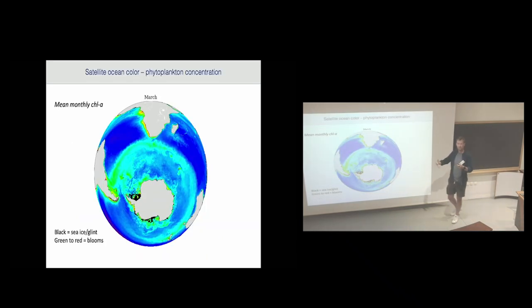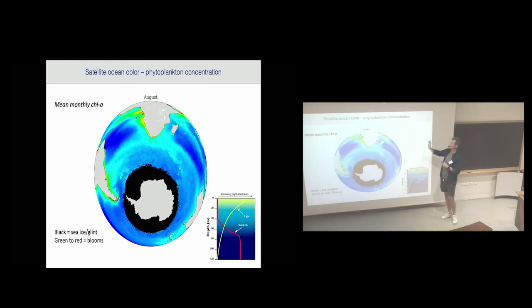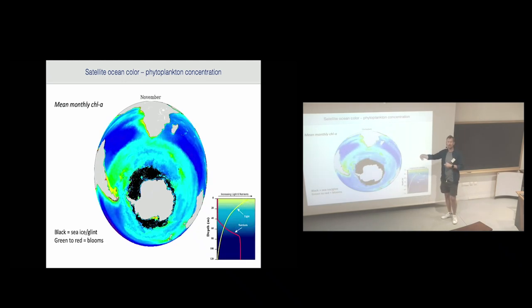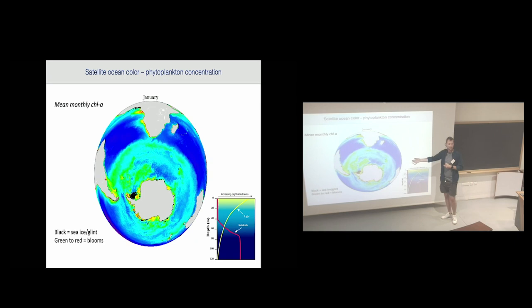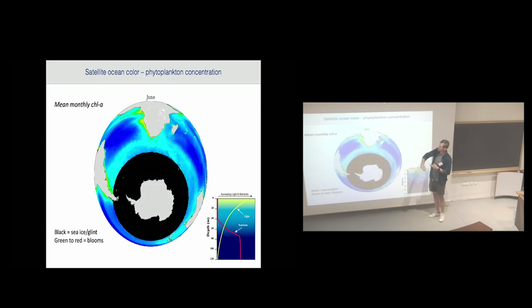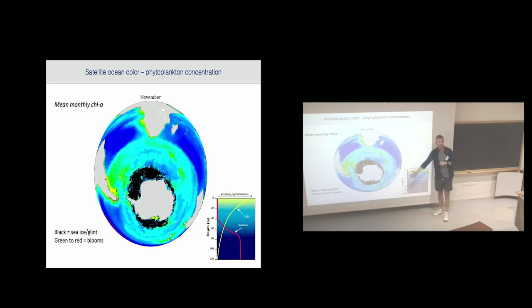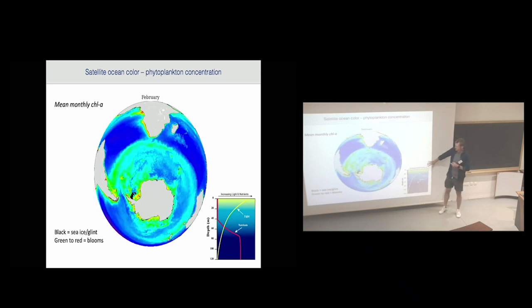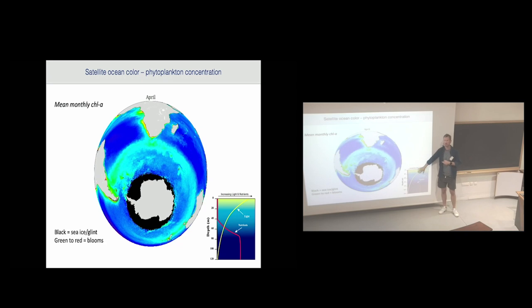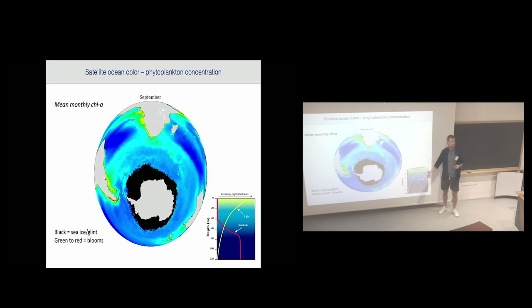And then, of course, for the biologists in the room, it's also really important for biology. Here we have these monthly climatologies of chlorophyll from satellite color, and we can see these beautiful blooms over the Southern Ocean. I know you've seen this many times before, but this is really regulated by the mixed layer. The mixed layer is controlling the amount of light and nutrients that's available for these phytoplankton to grow.